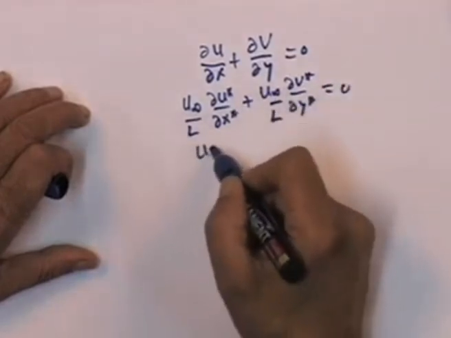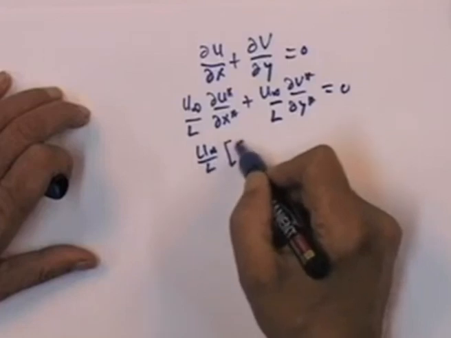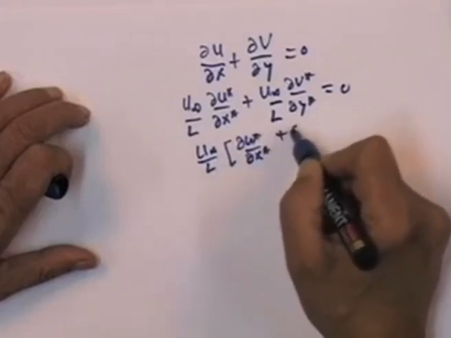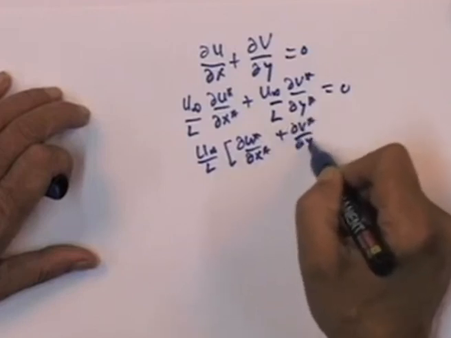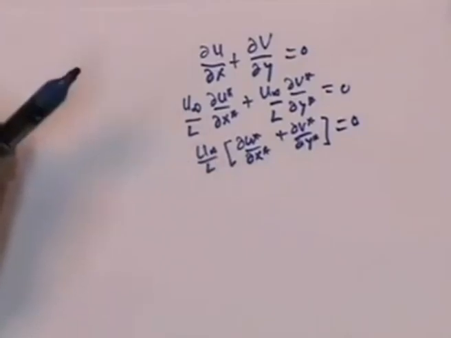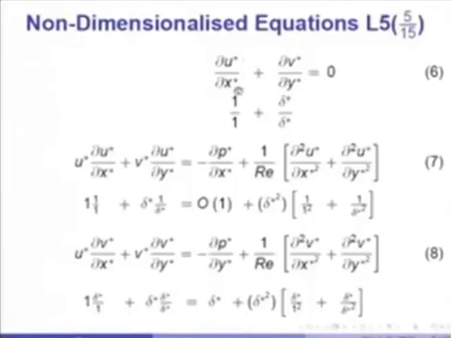So, essentially it is u infinity by L times du star by dx star plus dv star by dy star equals 0, and that is what I have written in equation number 6 here: du star by dx star plus dv star by dy star equals 0.